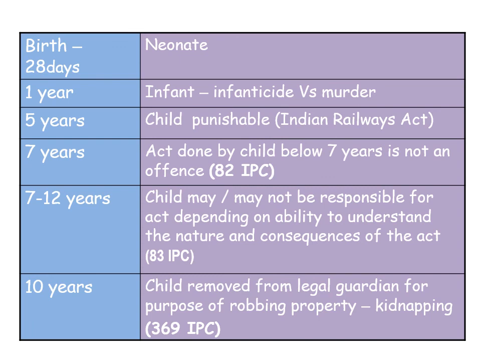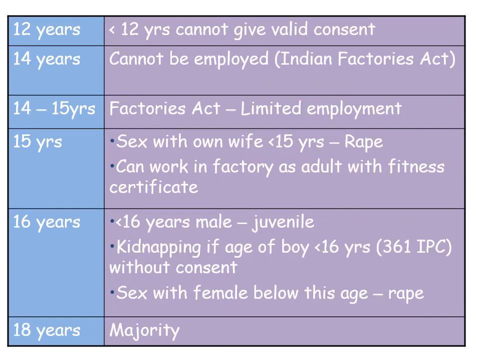At 7 to 12 years, the child may or may not be responsible, depending on the ability to understand the nature and consequences of the act, as per 83. At 10 years, if the child is removed from the legal guardian for the purpose of robbing property or anything, it is considered kidnapping and is dealt with in Section 369, as I referred before.